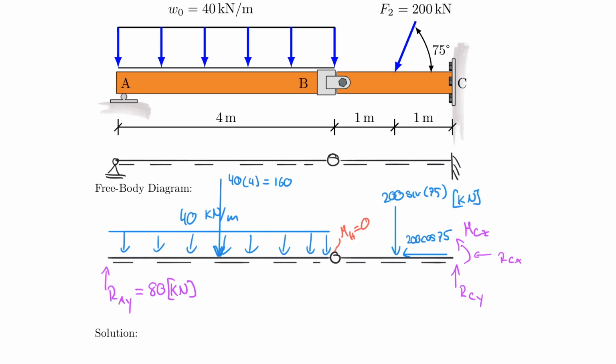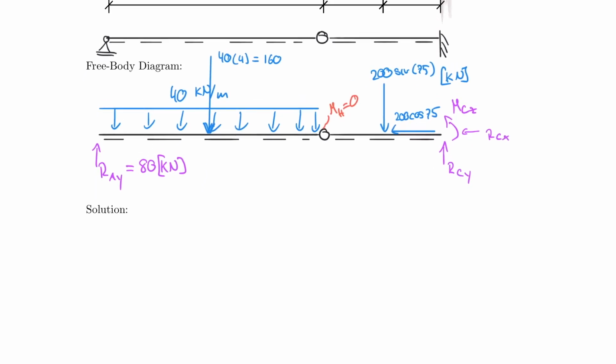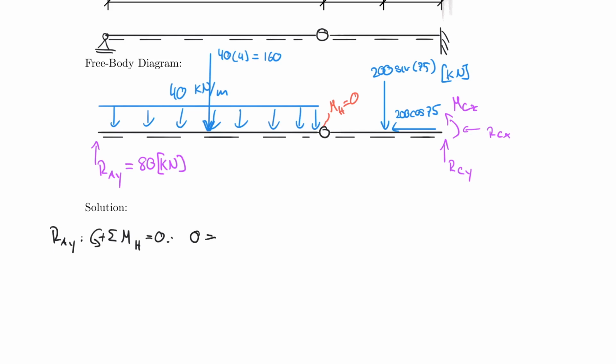But if I would know nothing about this and I would just learn this concept, what I would have done is write out that RAY is calculated through the sum of the moments about the hinge being equal to 0, counterclockwise positive. And 0 is equal to minus RAY, because it turns clockwise, right?